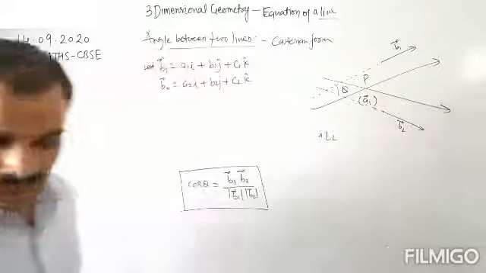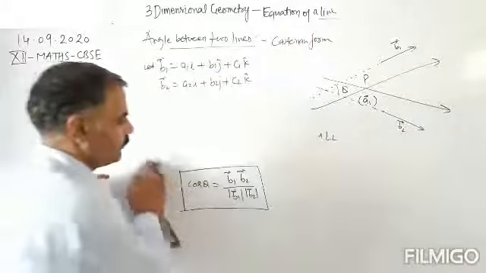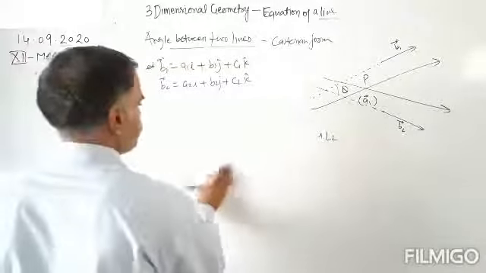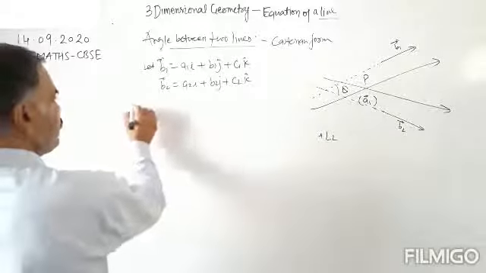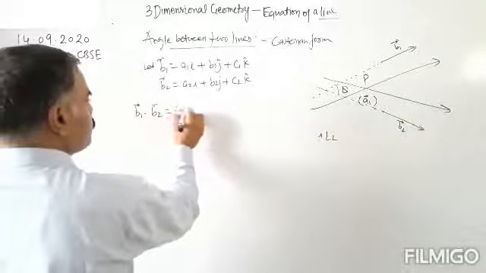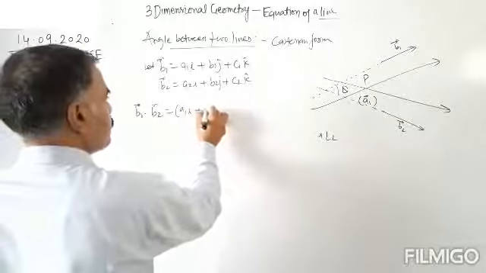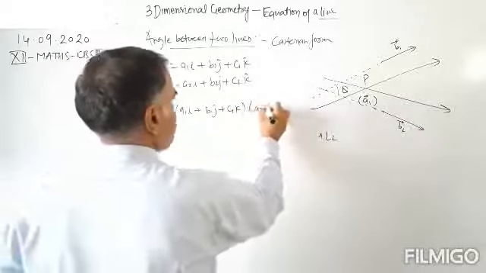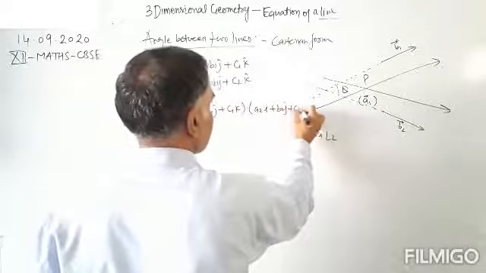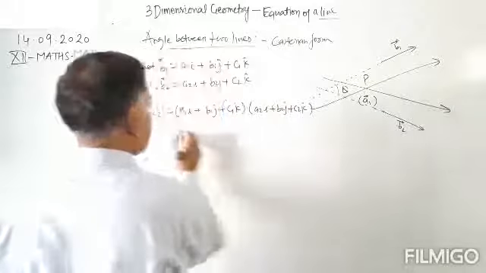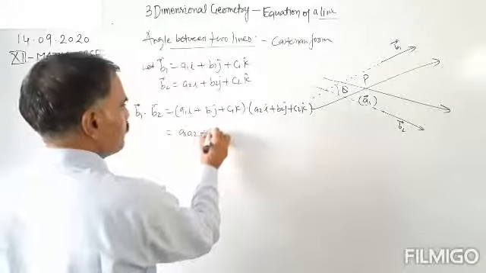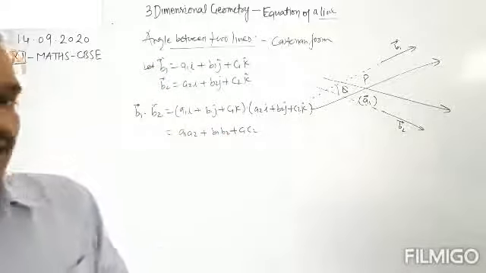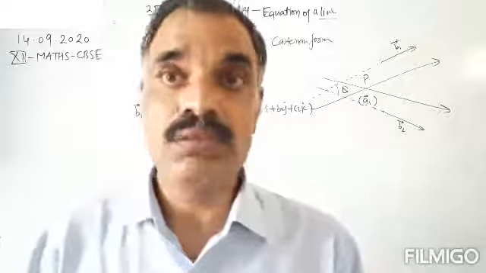First of all we will obtain this b1 vector dot b2 vector. b1 vector dot b2 vector is equal to A1 i cap plus B1 j cap plus C1 k cap dot A2 i cap plus B2 j cap plus C2 k cap, and the dot product is equal to A1 A2 plus B1 B2 plus C1 C2, and the other parts will be equal to 0.